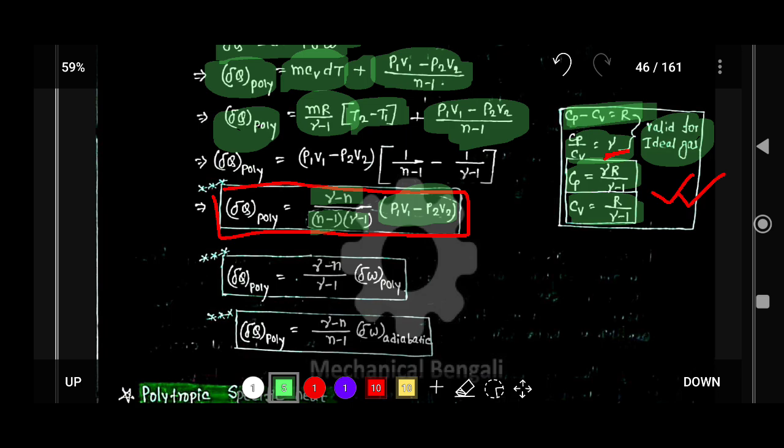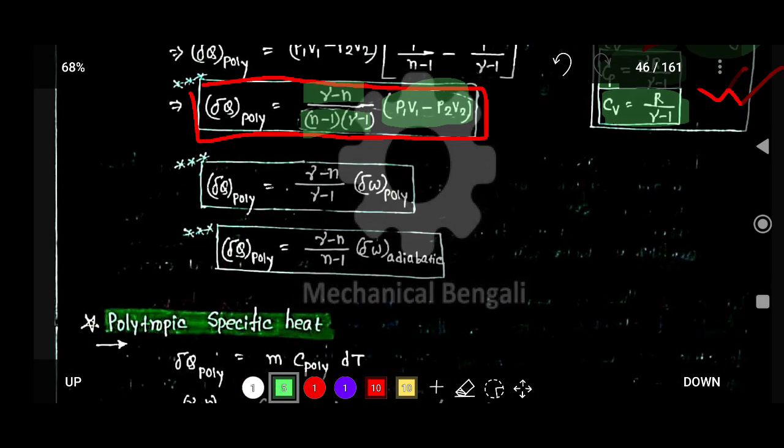From here we got del q polytropic equal to (gamma minus n) upon (gamma minus 1) into del w poly. This is the relation we got for any polytropic process.